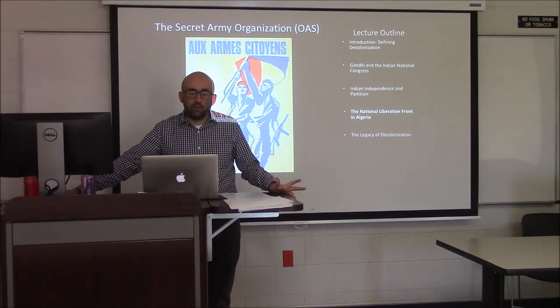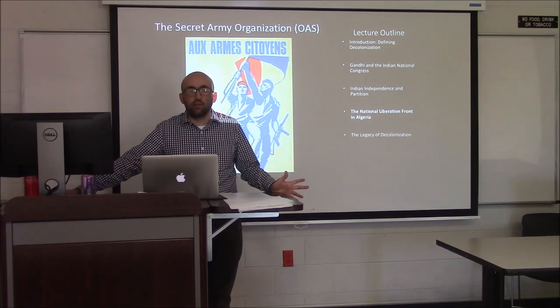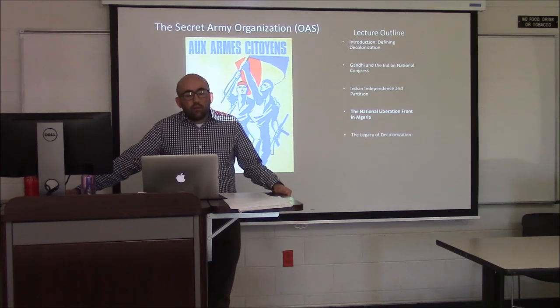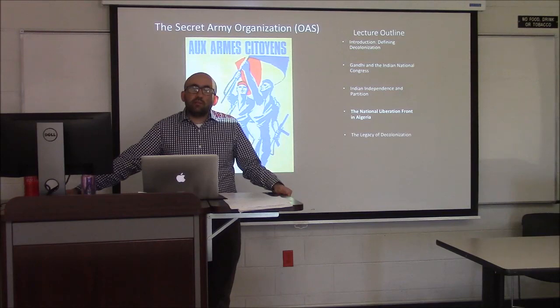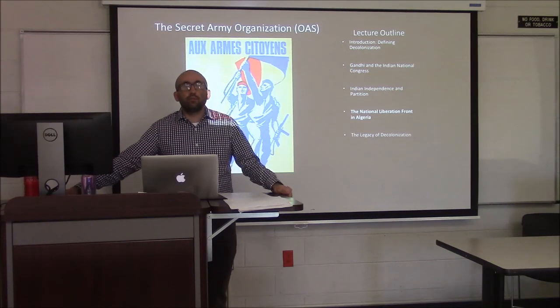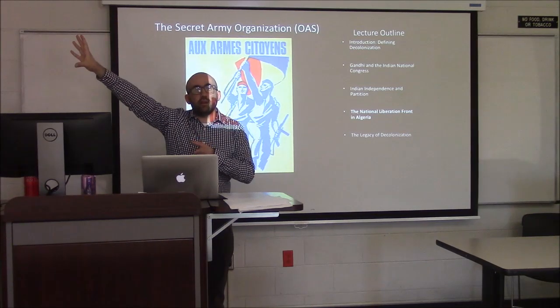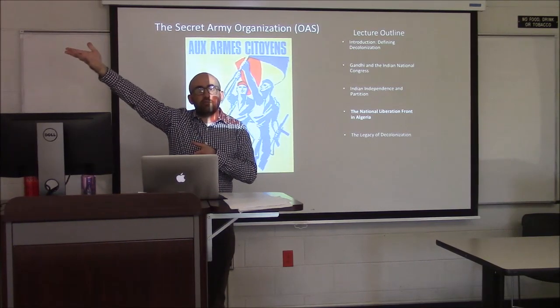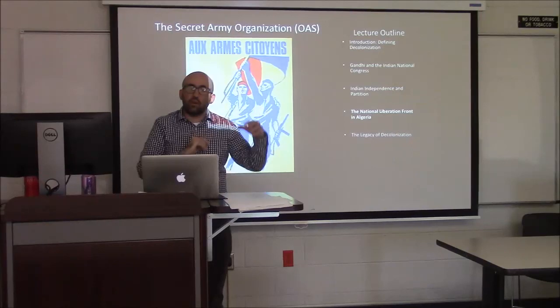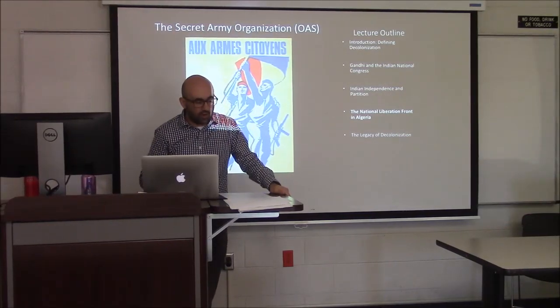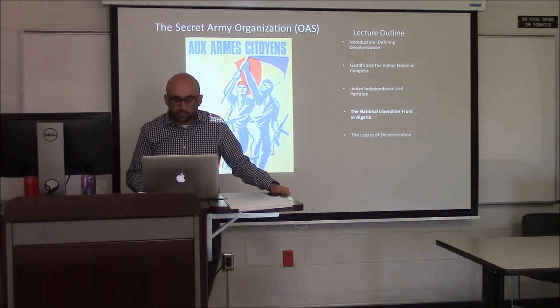So, Organisation de l'Armée Secrète, Secret Army Organization. The resistance to Algerian independence, therefore, took place on two fronts. One, the official French government that by 1961 decided to begin negotiations, and the Secret Army Organization that refused any attempt, any acknowledgement of the right of Algerian self-determination.